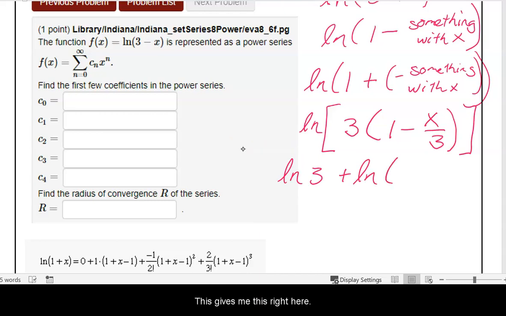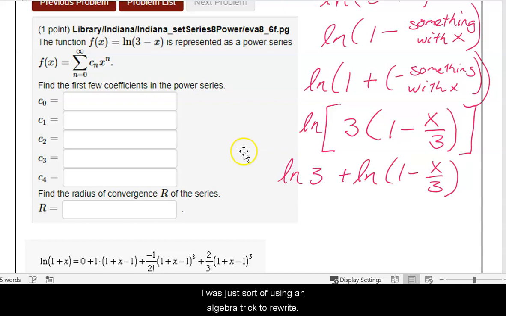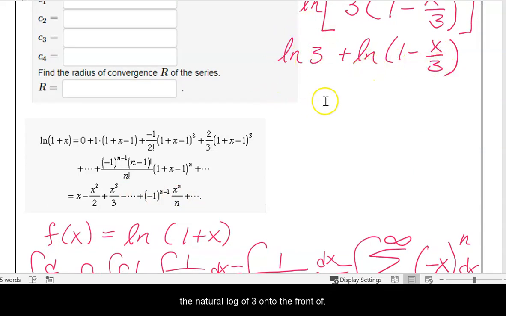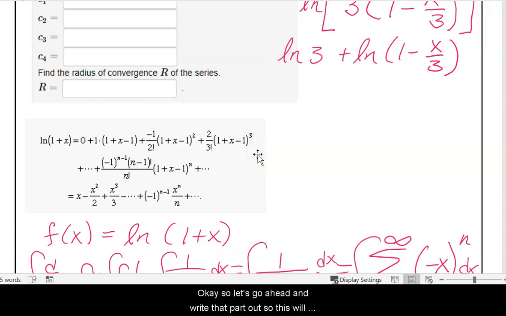So this gives me this right here. It's just sort of using an algebra trick to rewrite it. So now that I have it in this format, I can take the formula and apply it to this part of it, and then add the natural log of 3 onto the front of it.